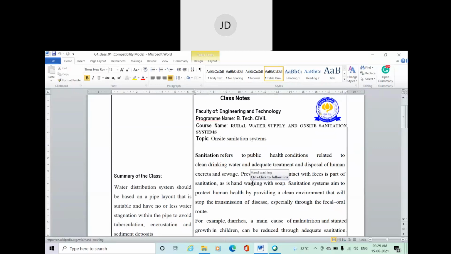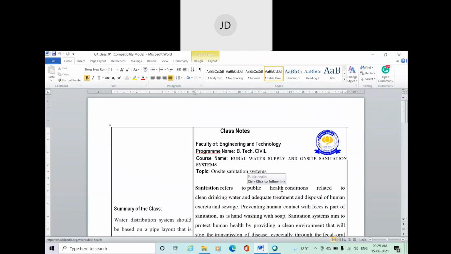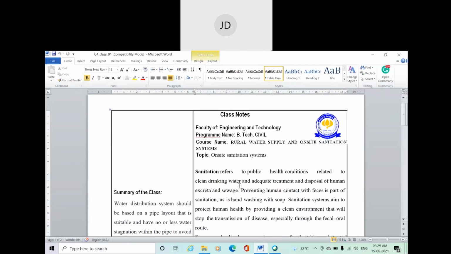We'll try to understand what sanitation is and the basic idea behind it. Sanitation refers to the public health condition related to clean drinking water and adequate treatment and disposal of human excreta and sewage. Sanitation has two objectives: one is providing clean, pure or safe drinking water, and the other is providing a good treatment and disposal system for human excreta, sewage, and other waste.